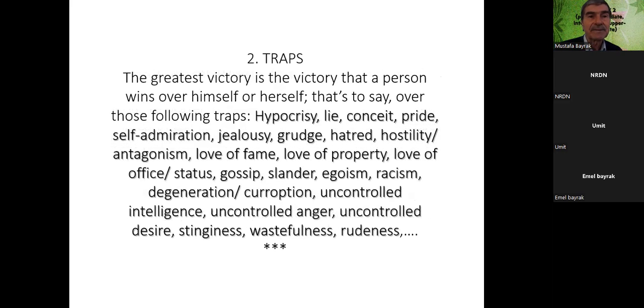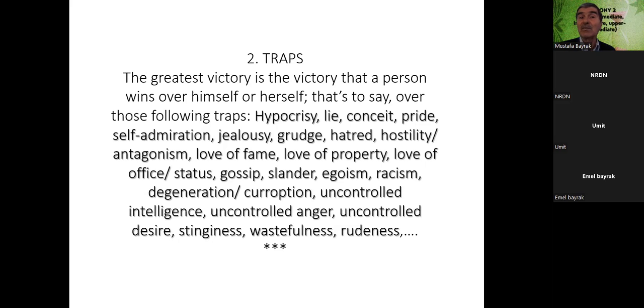Traps. The greatest victory is the victory that a person wins over himself or herself. That's to say, I mean, okay, over those following traps. Yes.